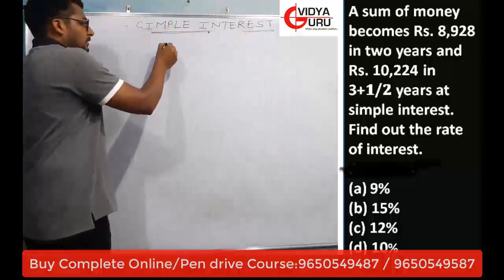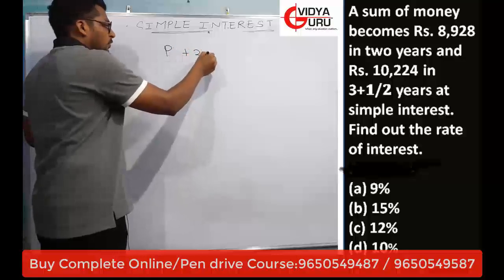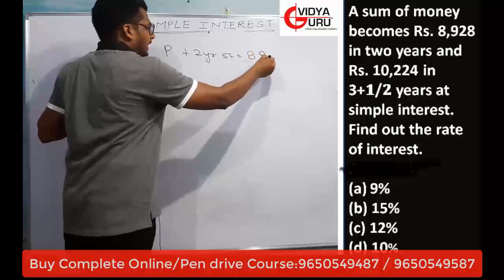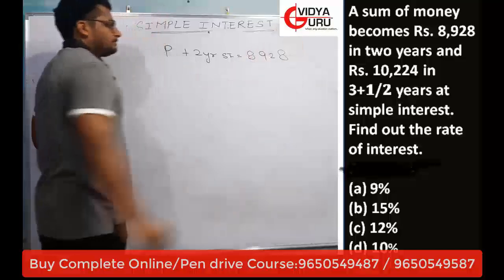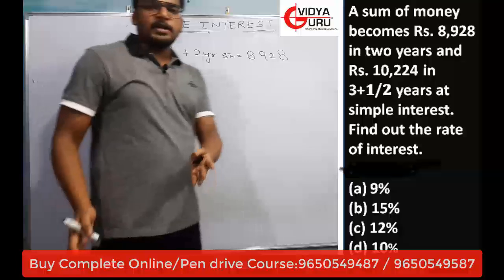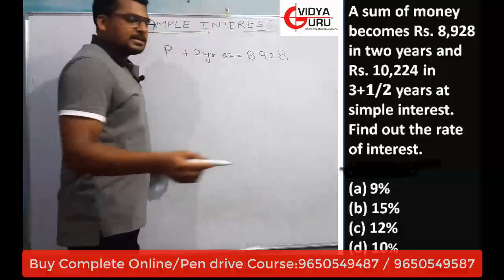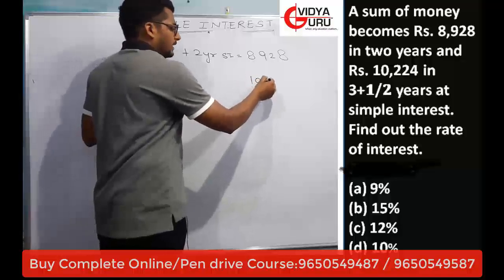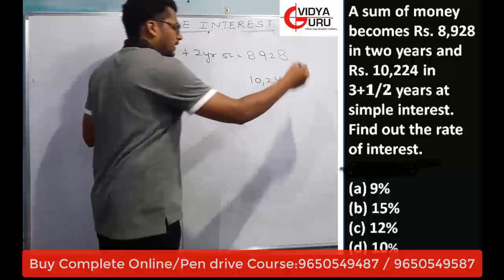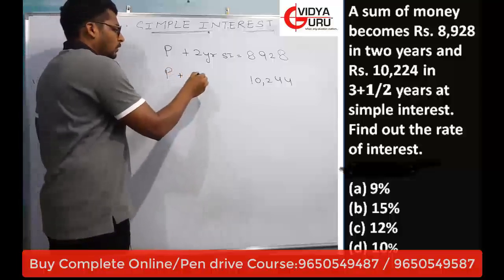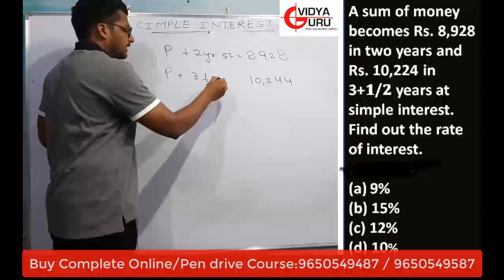That means principal plus 2-year SI is 8928. Now the next part of the question is saying that in 3 whole 1 by 2 years it becomes 10,244. That is principal plus 3 whole 1 by 2 year SI.